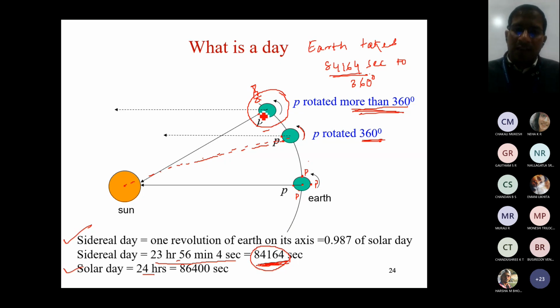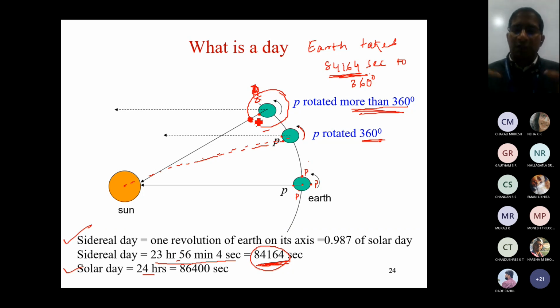So as this point P is moving like this, the same way the satellite will move like this. Suppose the satellite is here. If your satellite takes this much time to make a 360-degree rotation, then this point P and this satellite will become relatively stable.